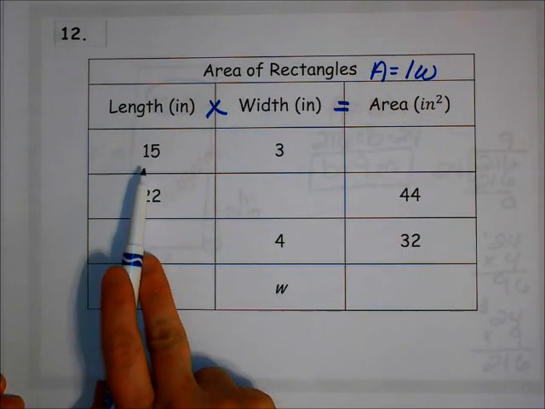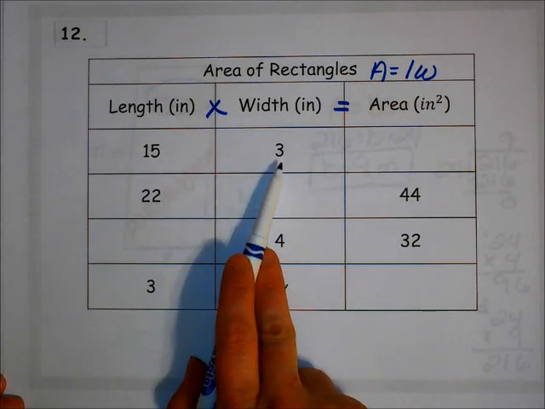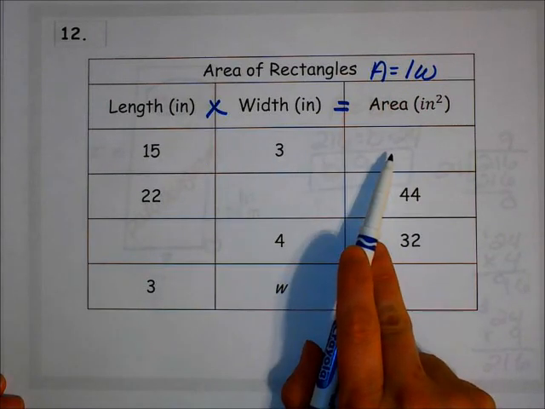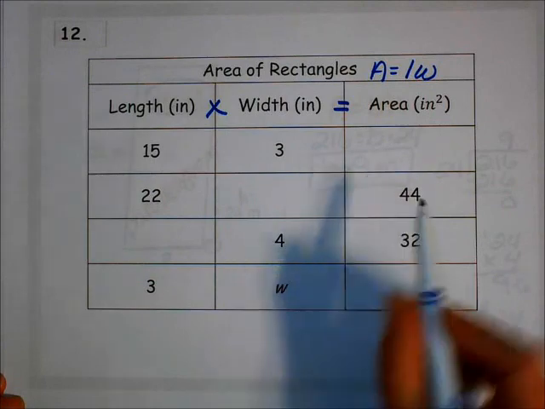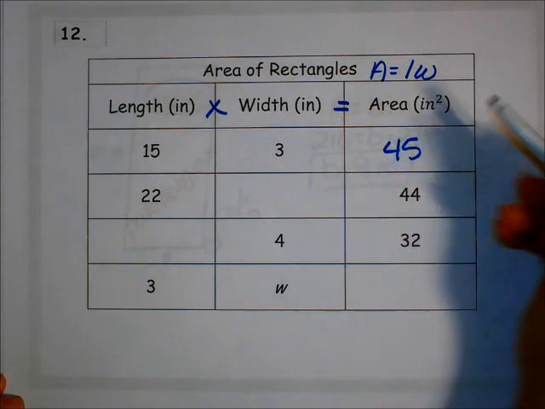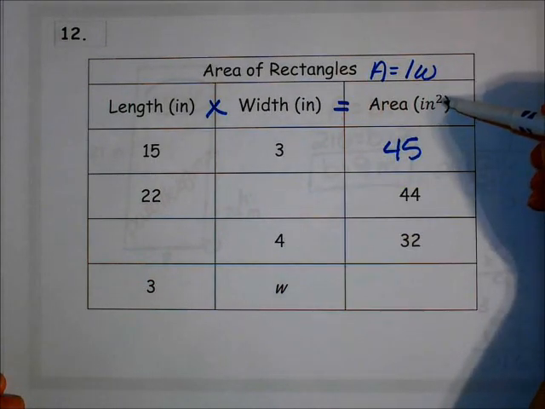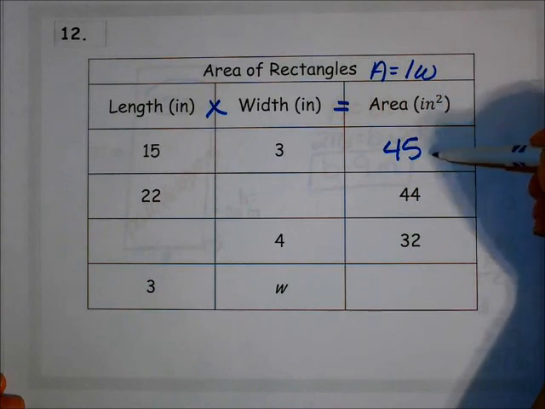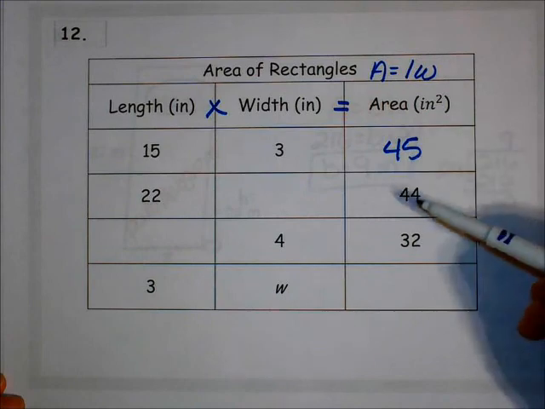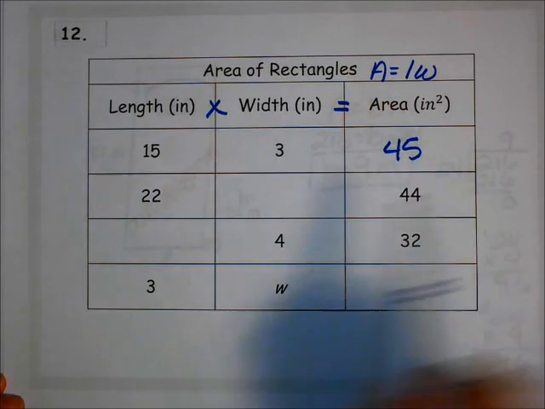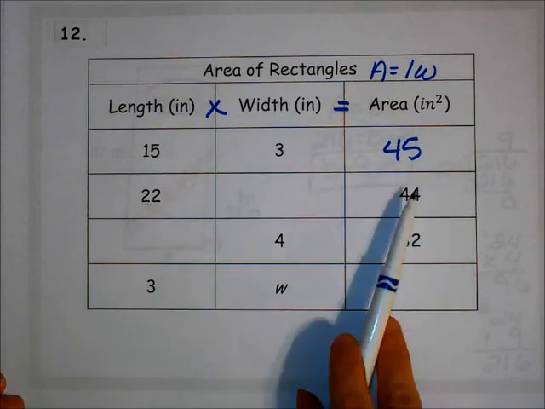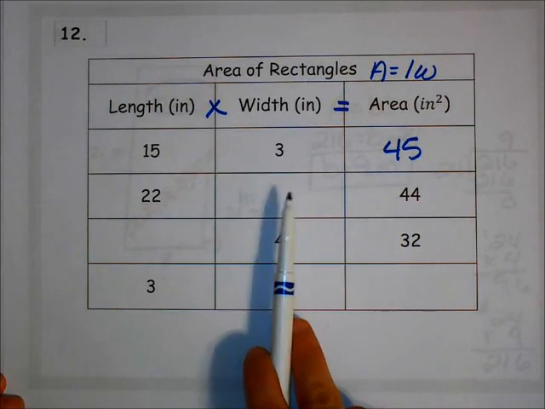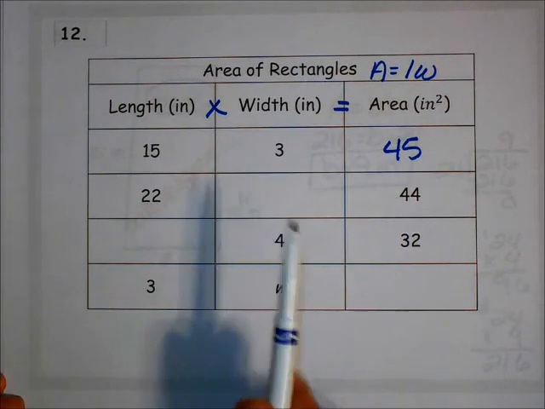So it's going to be length times width equals the area. So if my length is 15 and my width is 3, what is my area going to be? Correct, 45. And since it has inches squared already at the top of my column, I do not have to add it here. Now let's look at the next row. On the next row, notice I'm given the length and the area, but I have to find the width.